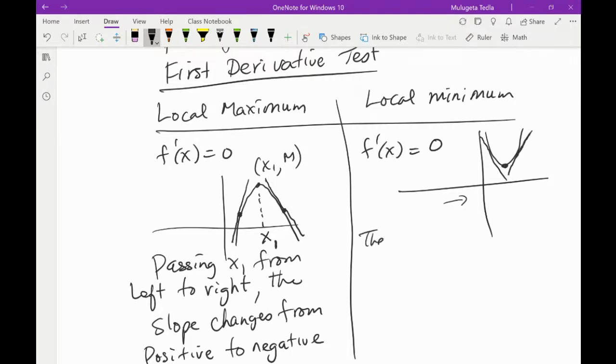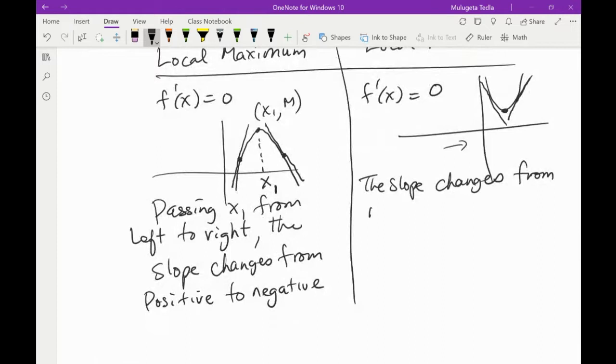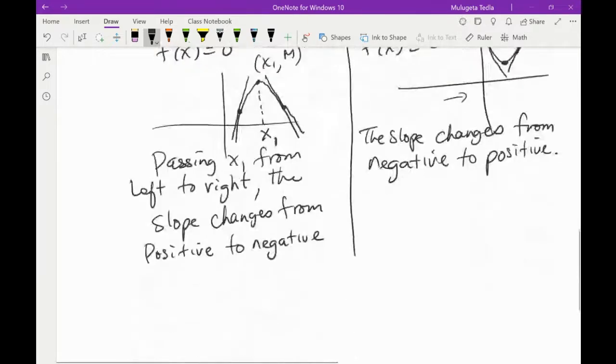So the slope changes from negative to positive. This is what we call the first derivative test.